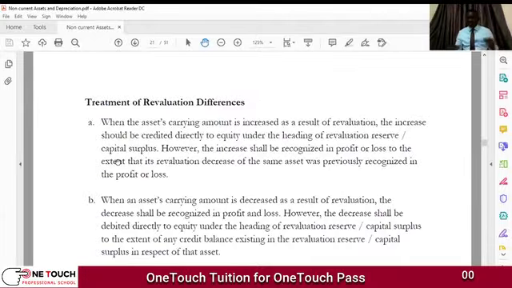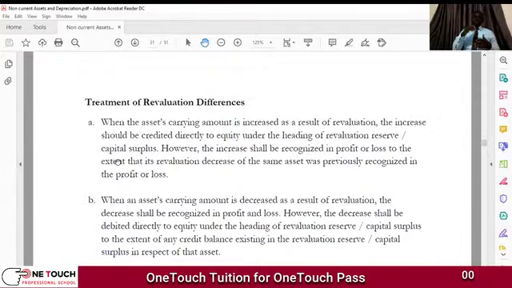So simply put, when an asset is revalued for the first time and it's a gain, the gain is credited to revaluation reserve under equity. Okay, good. If it is a loss for the very first time, the loss is sent to P&L. Then, if a subsequent revaluation results in a gain, you do the opposite.